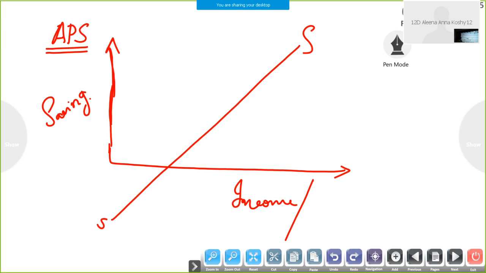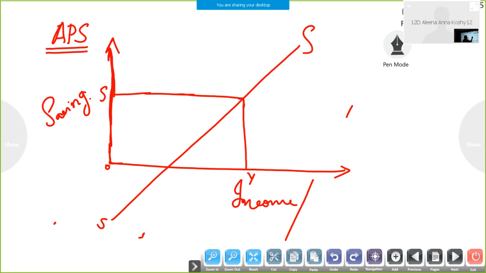The same process we studied in the consumption part, we can take here also. Suppose level of income is OY. At OY level of income, what is the saving?